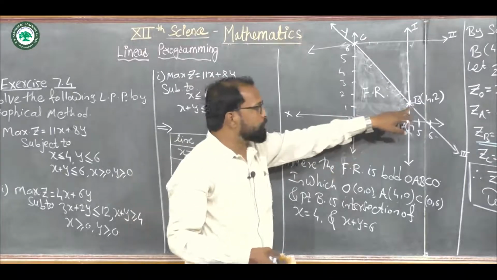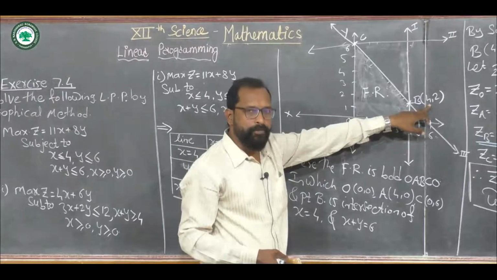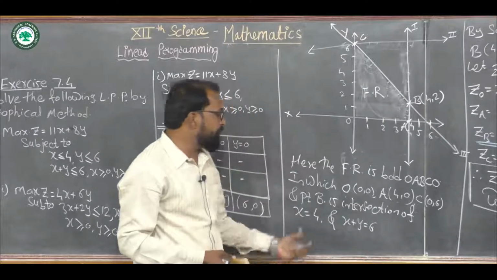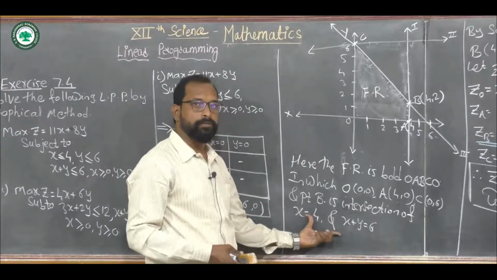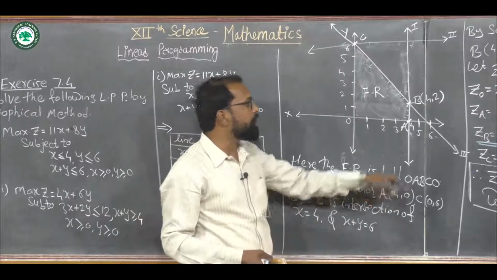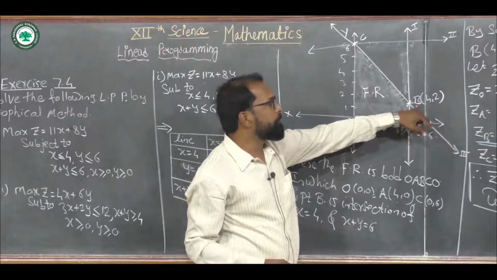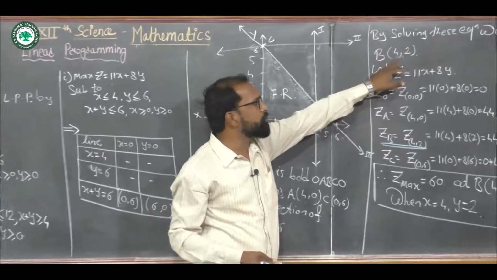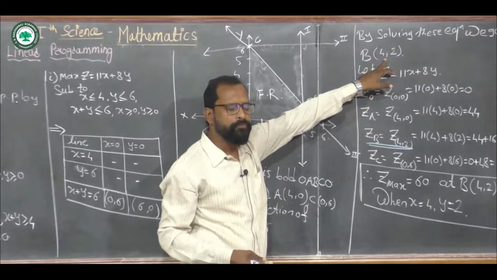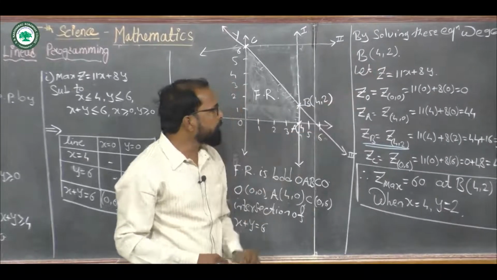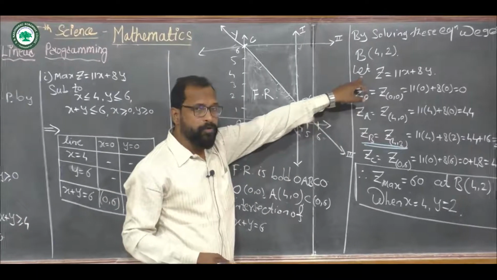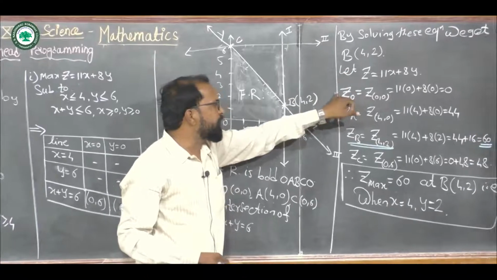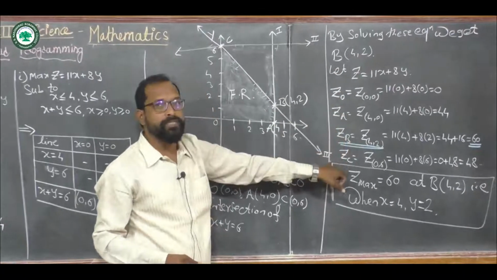So to find its coordinates, we solve the equations of those two lines, and we get B as 4, 2. Then take Z, which is the objective function, and find the value of Z at each corner point of the feasible region.